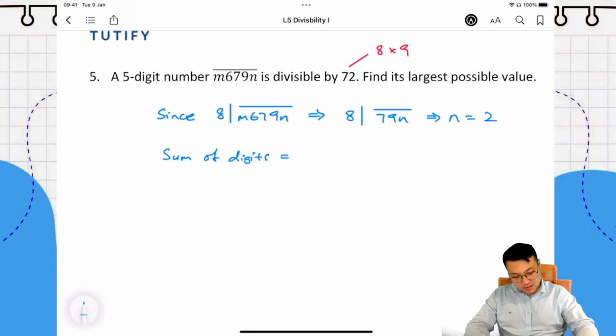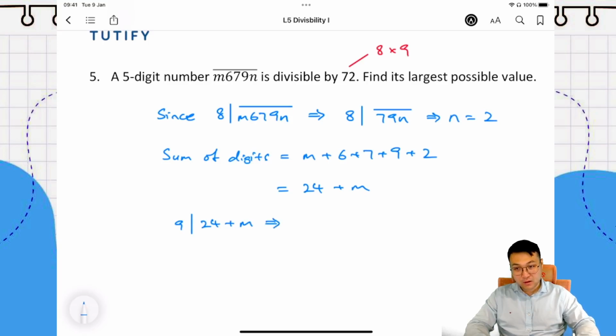Very good. So the sum of digits is m plus 6 plus 7 plus 9 plus 2. What do you get? You get m plus 24. Excellent. So I must make sure that 9 divides m plus 24. Therefore, what is my value of m?